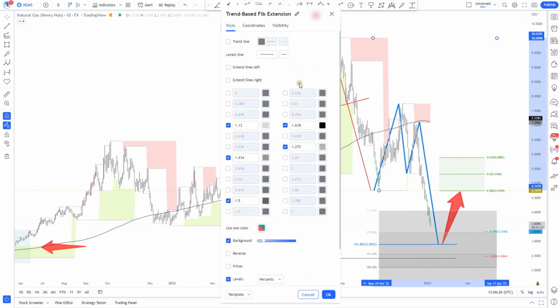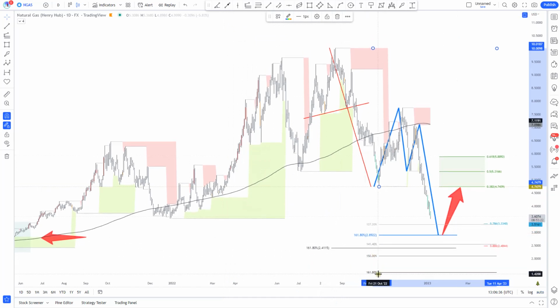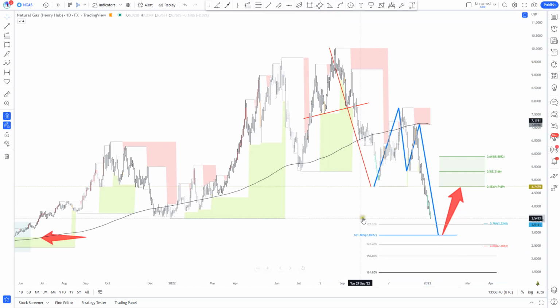Let's delete the 113% Fibonacci extension. Let's keep the default ratios right there, 127, 141, 150%, and so on, 161 at the bottom. This is not a Fib that I'm paying attention to at this point. So at this moment, the 161.8 extension of the last swing high is projected below the support, at 2.90.